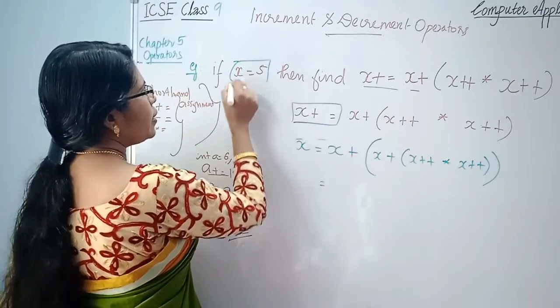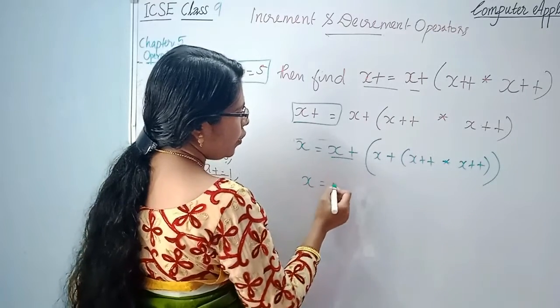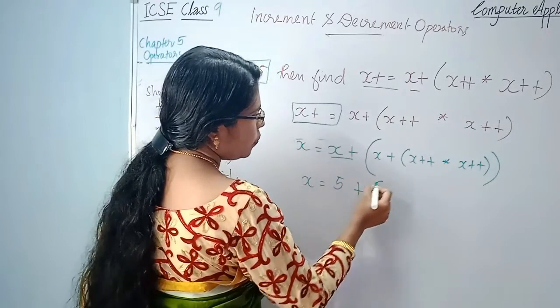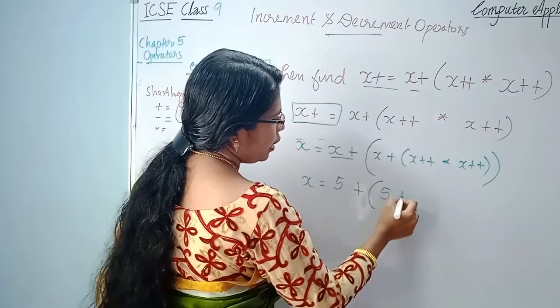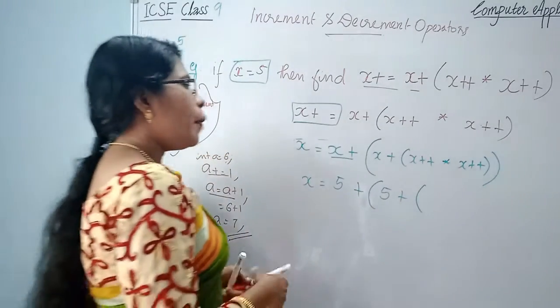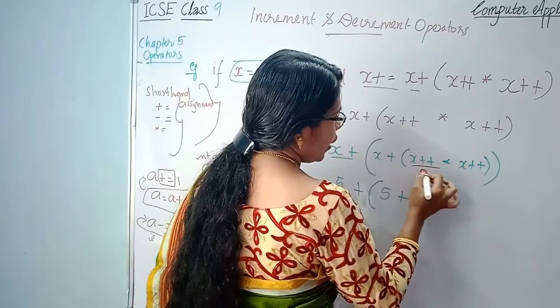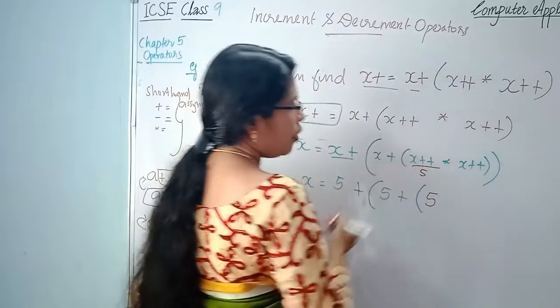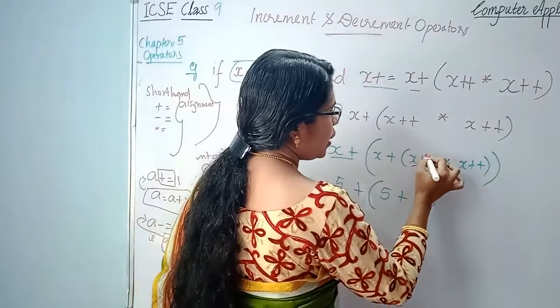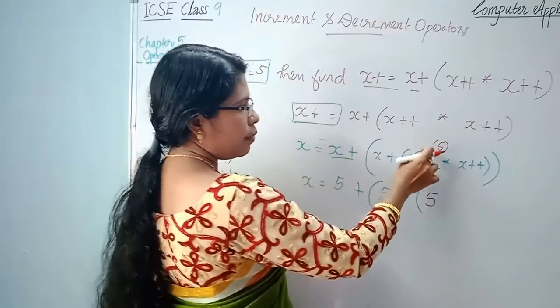Okay, so how will you substitute the value of x? X is initialized as 5, so we will write x equal to 5 plus. Here also it is 5 plus. Then here it comes as post increment. Post increment means we will use the value x is equal to 5. So we will use the value 5. After using the value, x is updated as 6.